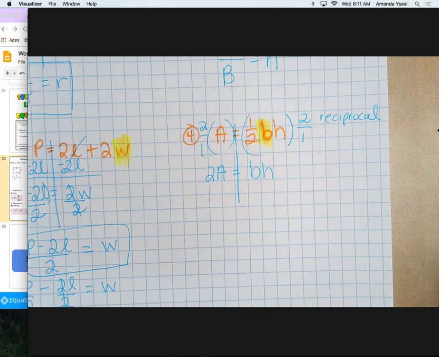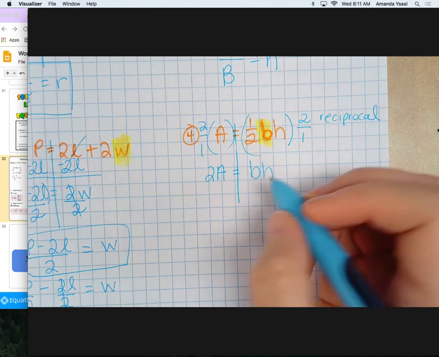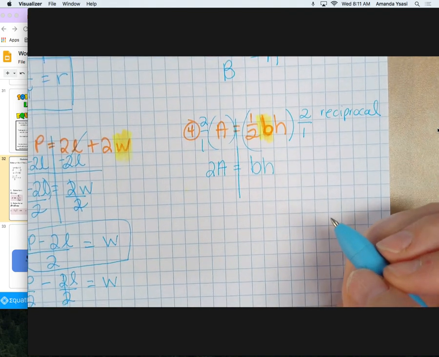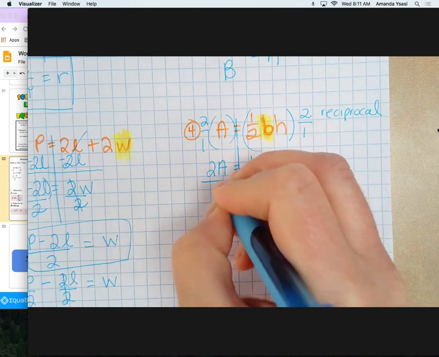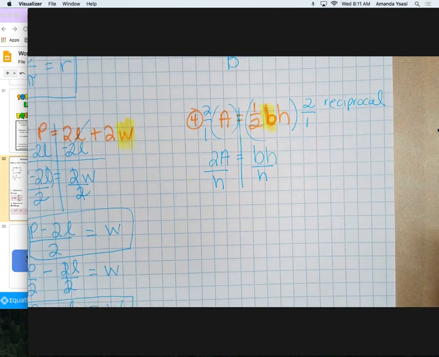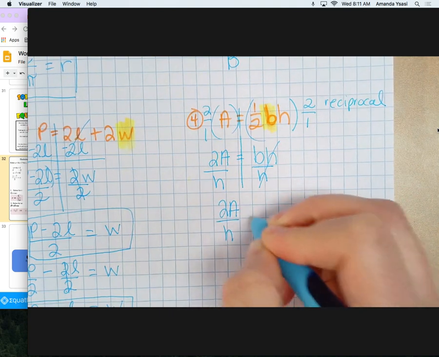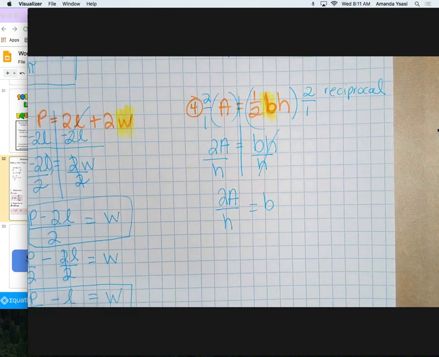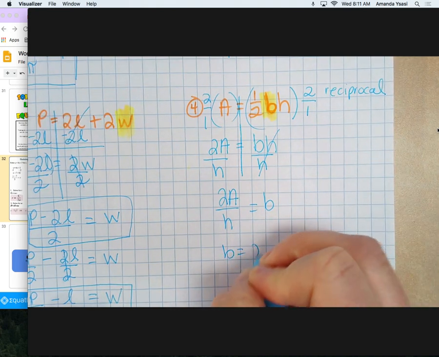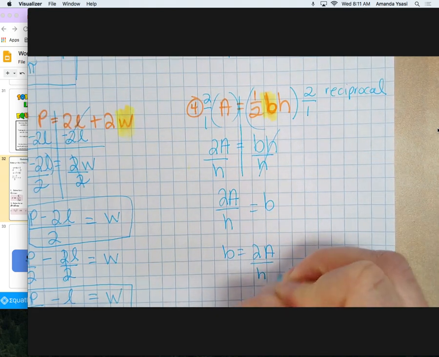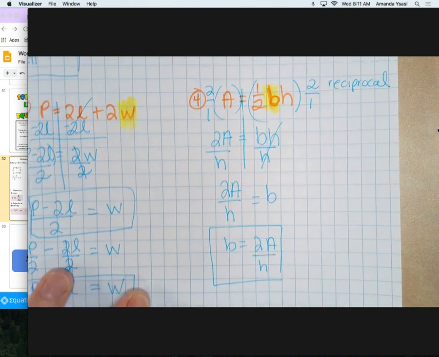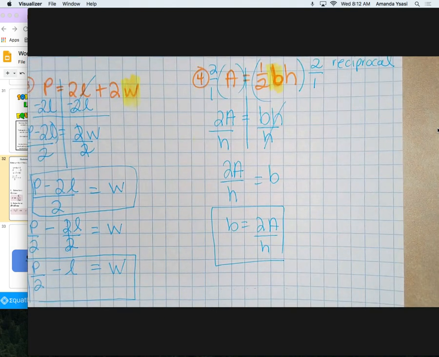So now I'm still trying to get B by itself. So what's keeping B from being by itself? H. So how do I get rid of H? Divide by H. So that's 2A over H equals B. Or I should really write it as B equals 2A over H. So I just flipped it around so it says B equals.